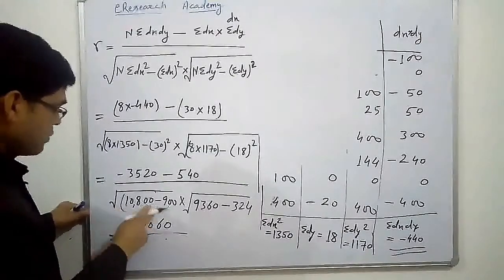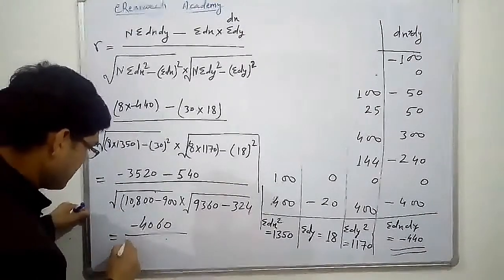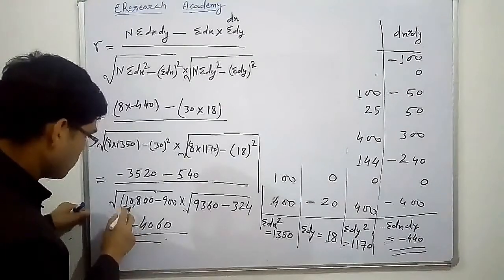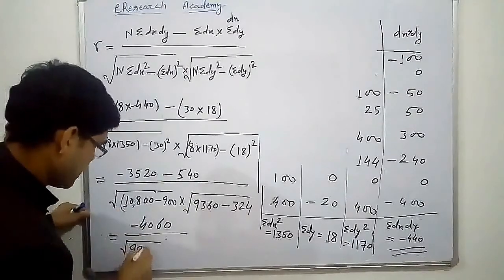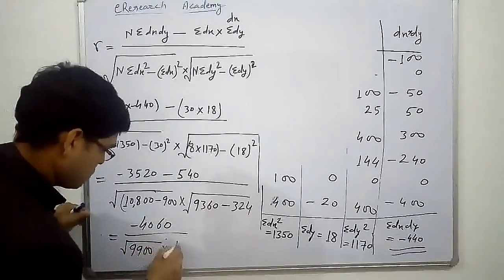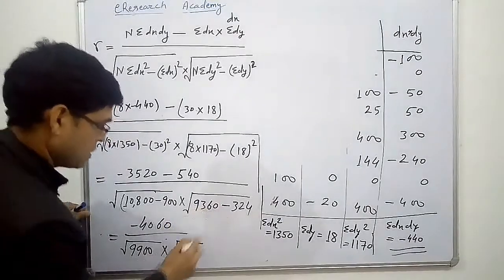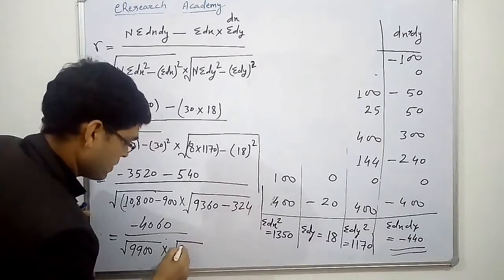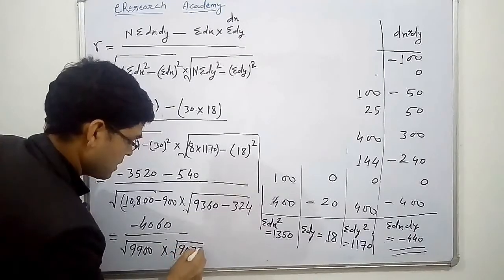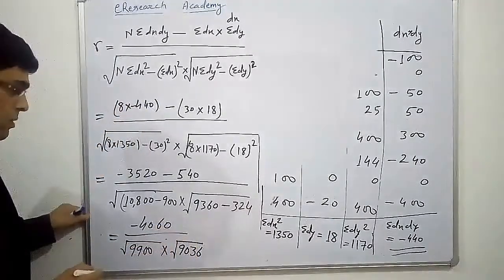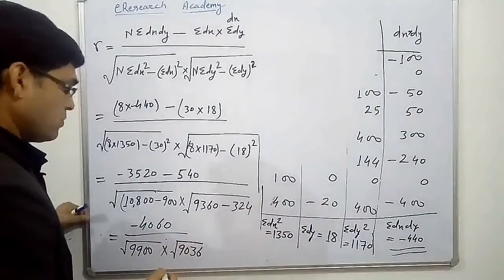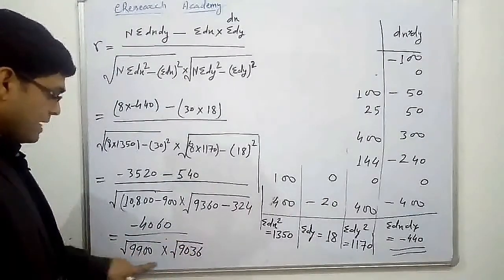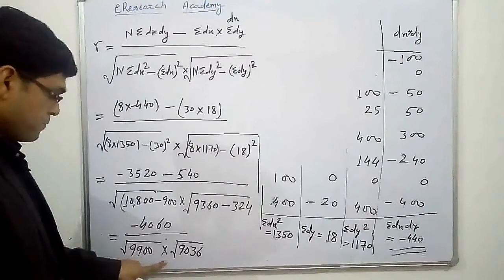Then 10,800 minus 900 gives square root of 9,900 into 9360 minus 324, which gives 9036.